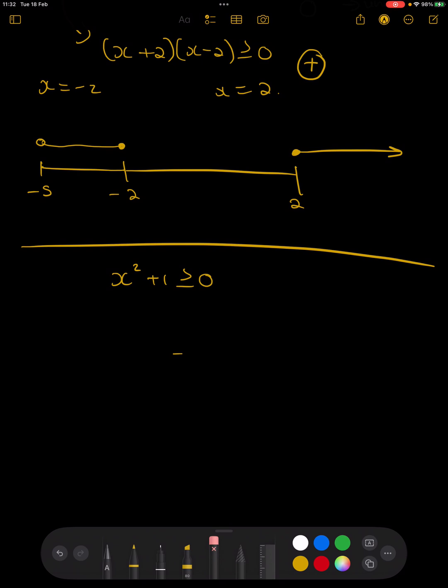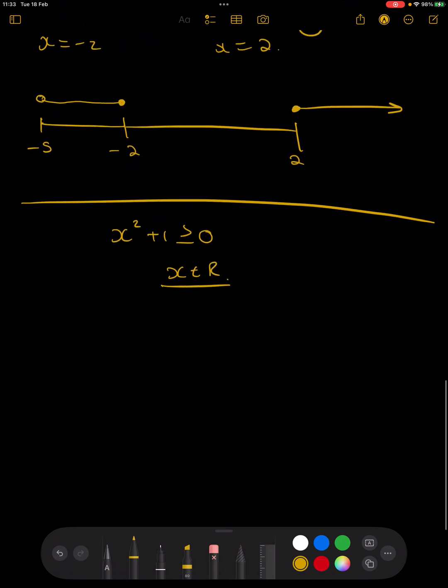Therefore, adding 1 to a squared number will always be greater than 0, no matter what the x value is. So we cannot actually go and solve for it, but we know that it will always be a positive value, because it doesn't matter what my x value is. If it's squared, it is automatically going to become a positive number. So all that I'm going to say here is that x is an element of the real numbers. Right, and that is all that you can actually go and indicate.